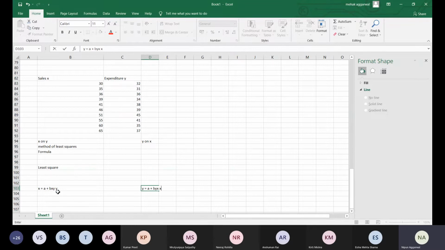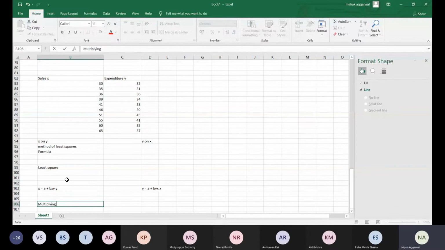For that, this is a linear equation in two variables, and to solve a linear equation in two variables we require at least two equations. The least square method says that we want two equations from this regression line. The first equation can be formed by multiplying sigma, that is summation, on both sides.